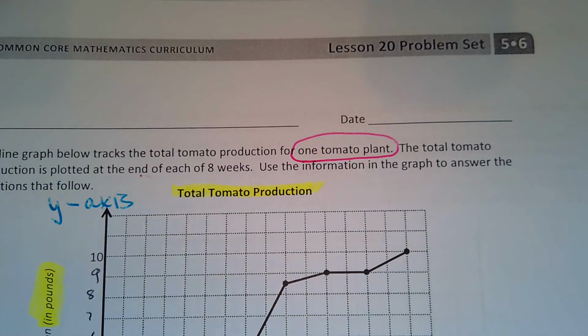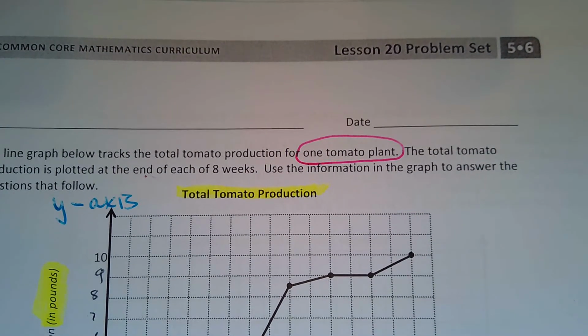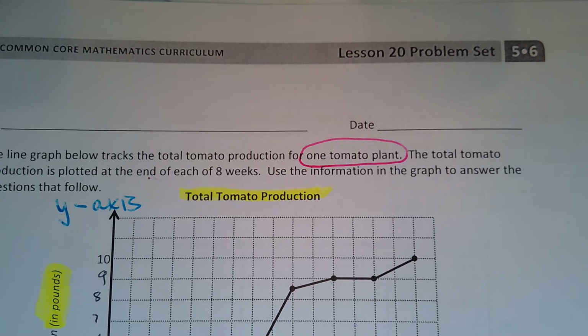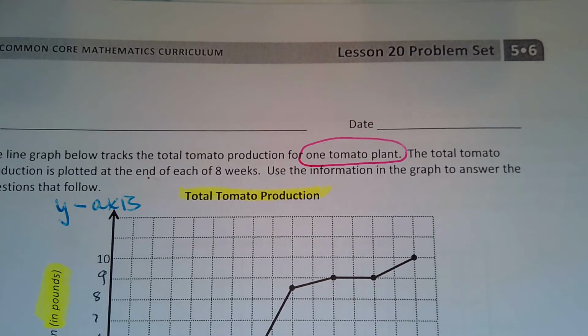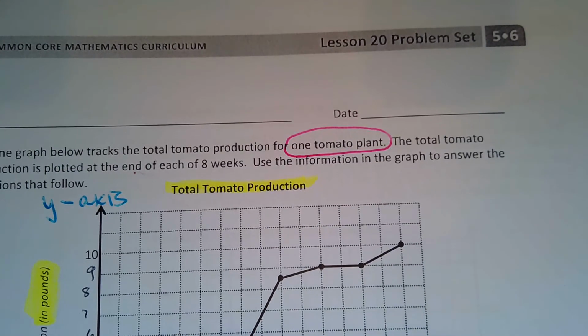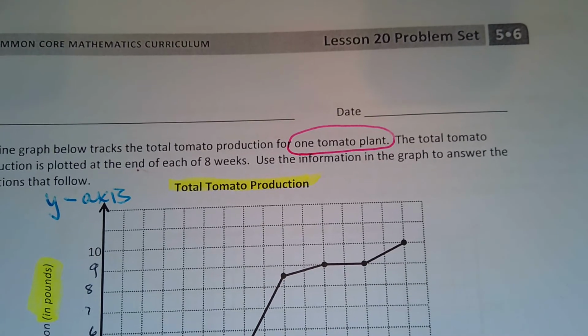So we're going to use how many weeks, how many pounds were in production. So at 8 weeks, it looks like it's 3.5. And then at 8.5 weeks, it's just a little bit past 4. At 9 weeks, it looks like they have 5 pounds of tomatoes.